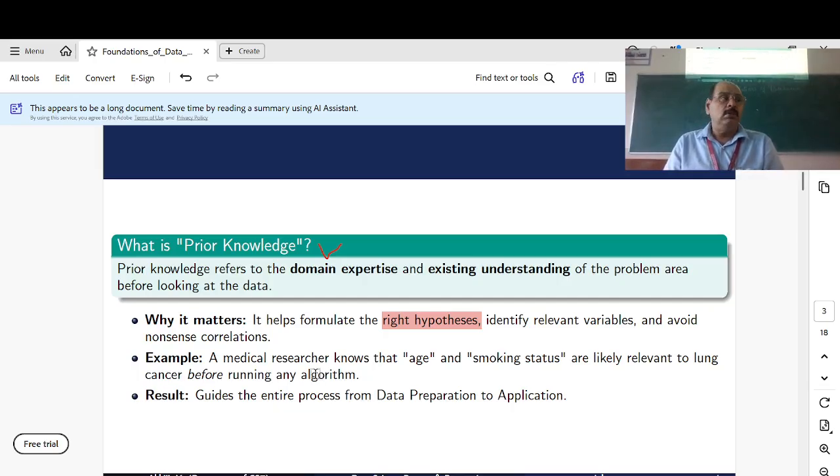Say, for example, for certain diseases you need to know the age of the patient, whether the patient is a smoker or not. For most things, whenever you go to a doctor, they ask whether your parents have a kind of disease.